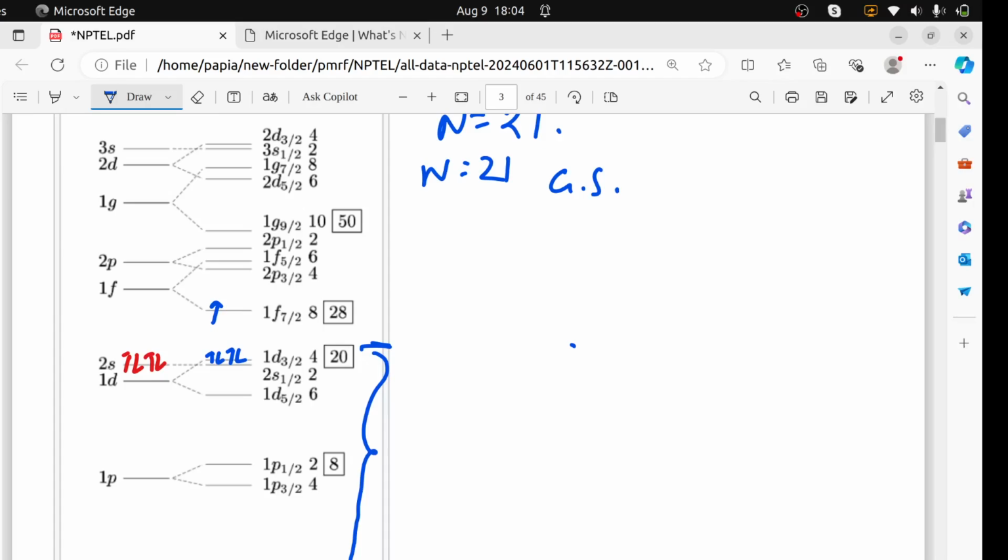Now they are asking for the first excited state. So for the first excited state, what will happen? Obviously, as this is the single one, that will go here. We all know that.